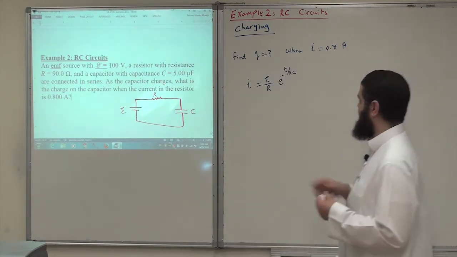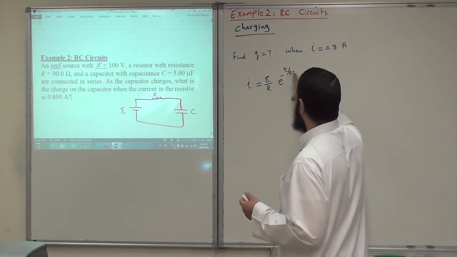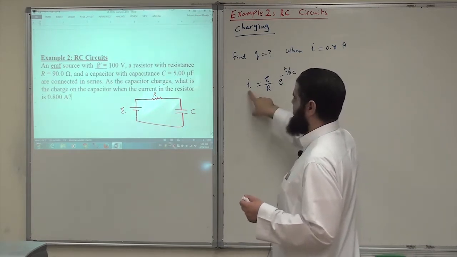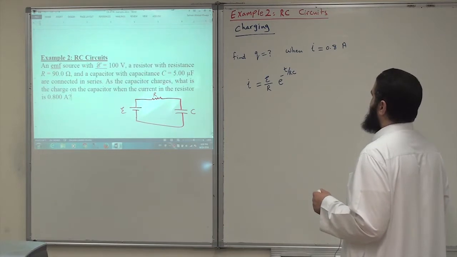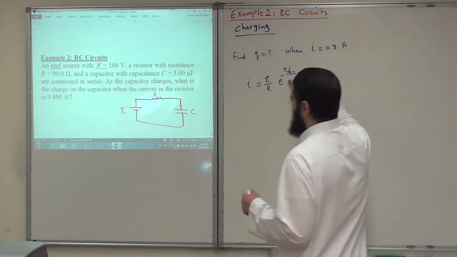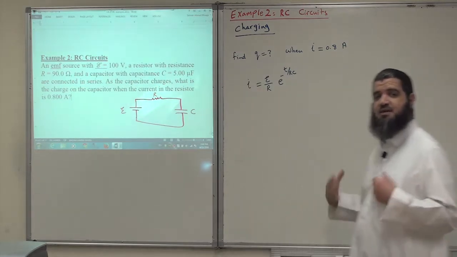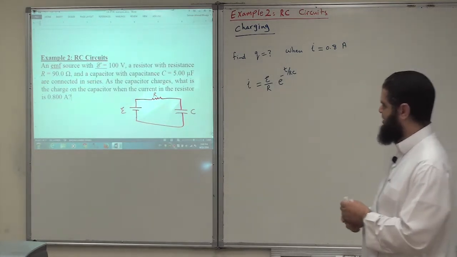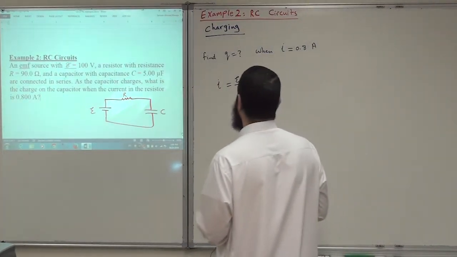So we know the current, we know E, we know R, and C. So we can find the time from our knowledge of the current. And that time we will take and plug into the formula for the charge in order to get how much is the charge on the capacitor at that moment. So this is our strategy to answer this problem.